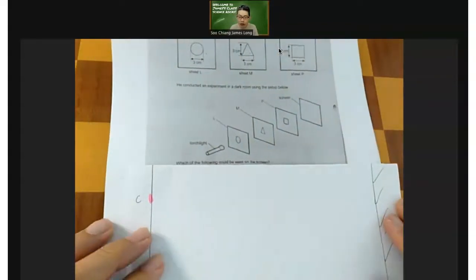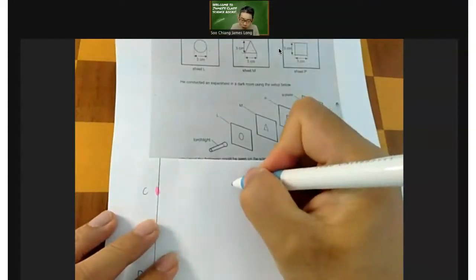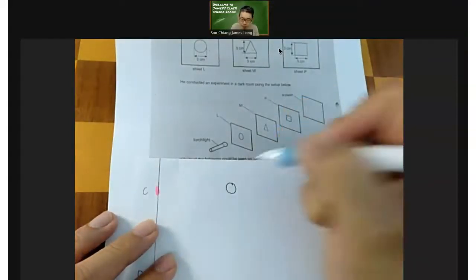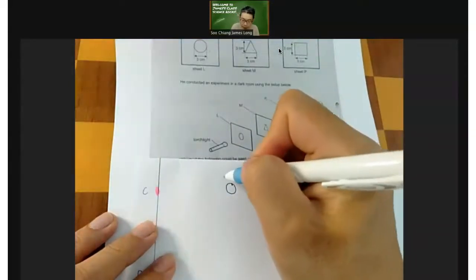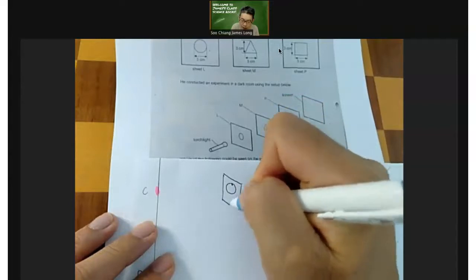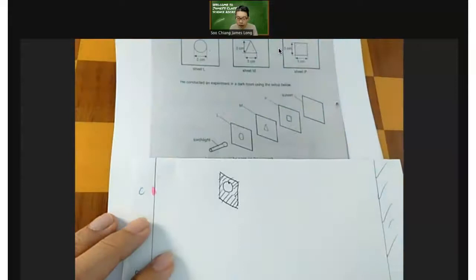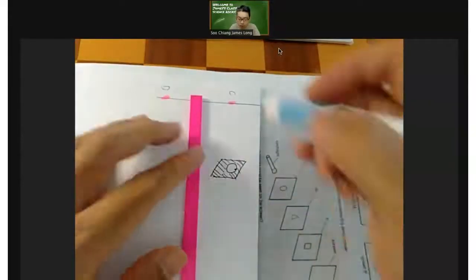Now, instead of an object that is circular in shape, I put a hole that is circular in shape. Okay, and now I block the parts above and below with some material. So what will happen now? Let me just draw this one more time so you see.